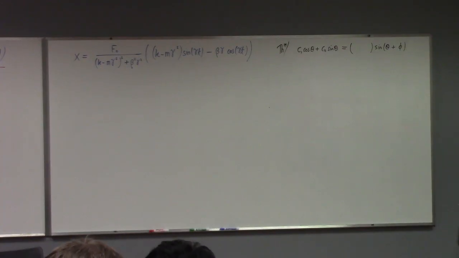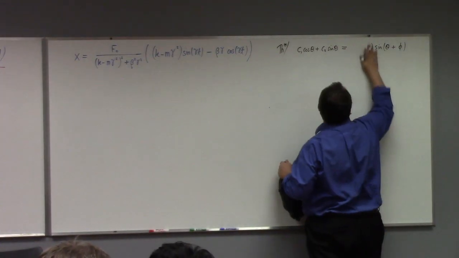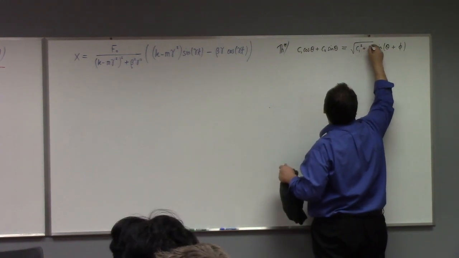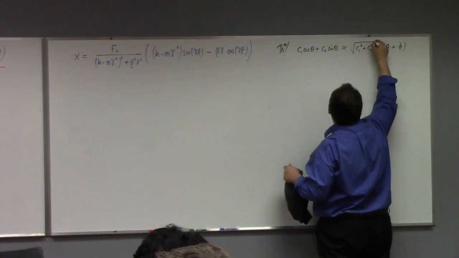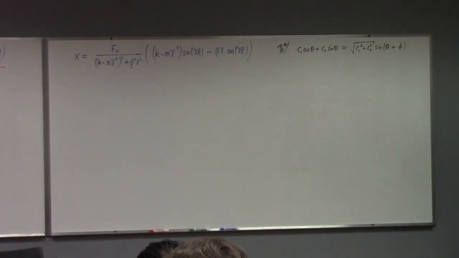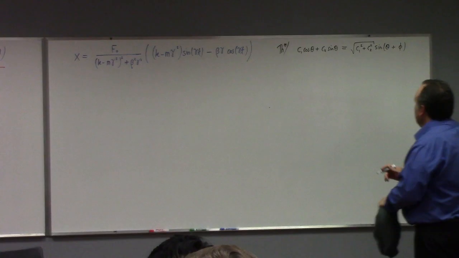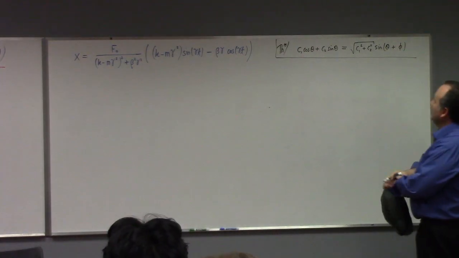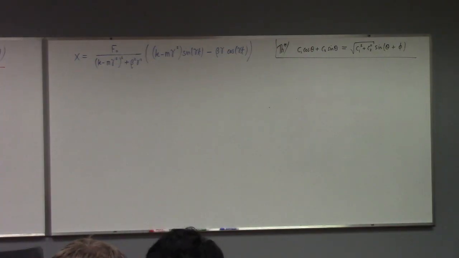Or the square root of C1 squared plus C2 squared in the sine direction. So this is a theorem of trigonometry that we could try to work out if you like.